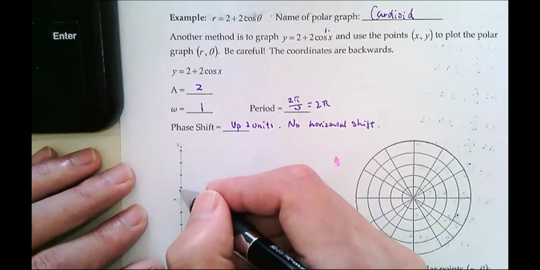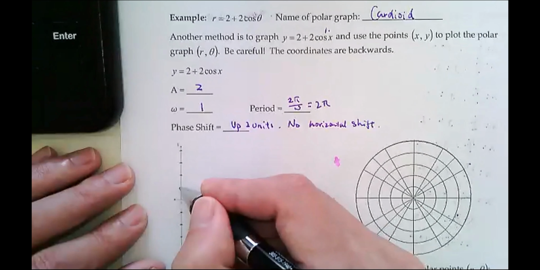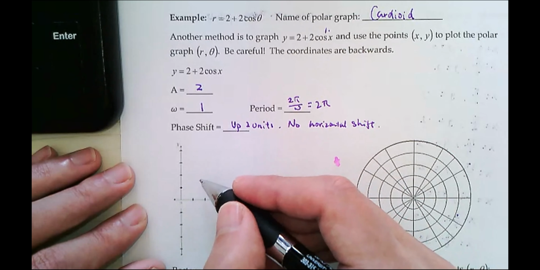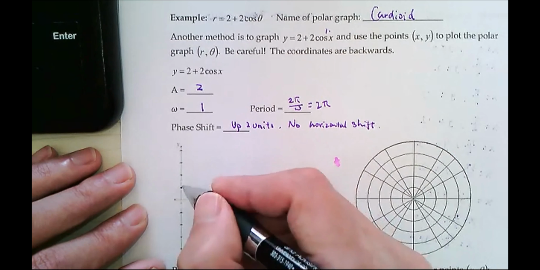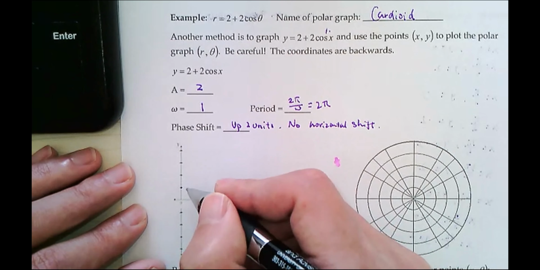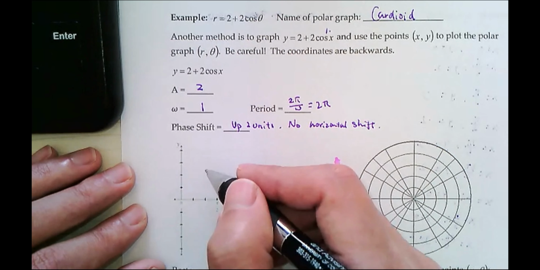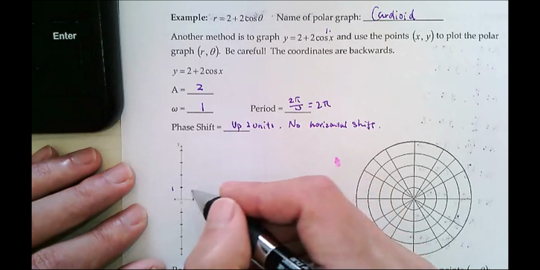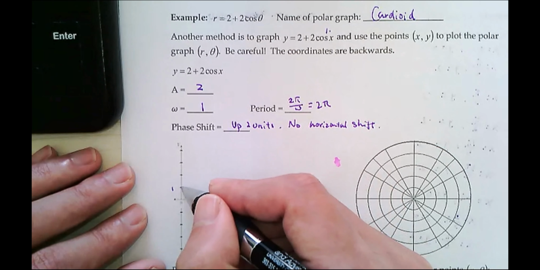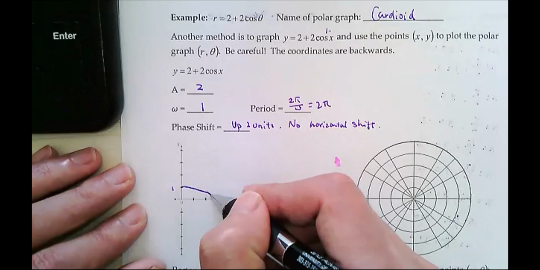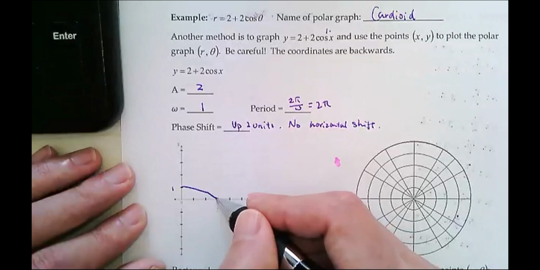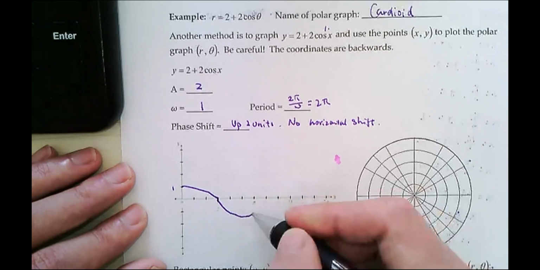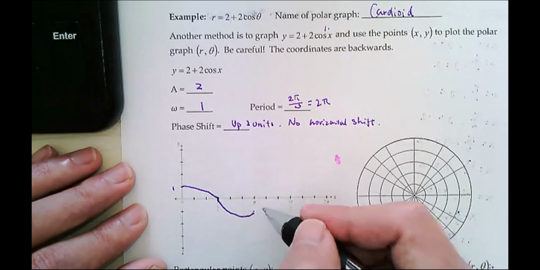So originally the cosine x looks like this. Let's say this is 1, okay? Originally it looks like this. It goes to pi, goes down to pi. Oh, this is so ugly.